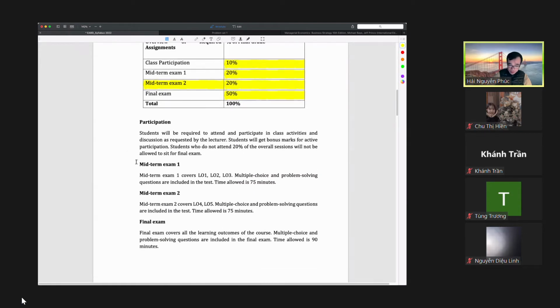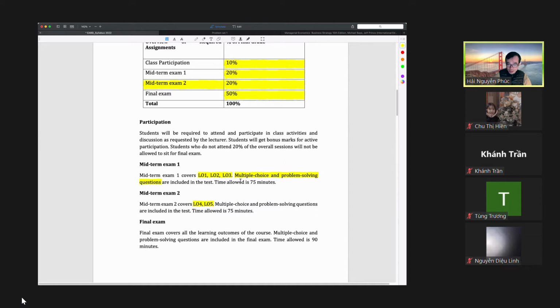More specifically, the first midterm exam will contain the first 3 learning outcomes. The second midterm exam will cover the 4th one and the 5th one. For both of these 2 midterm exams, the format is multiple choice questions and problem solving questions.